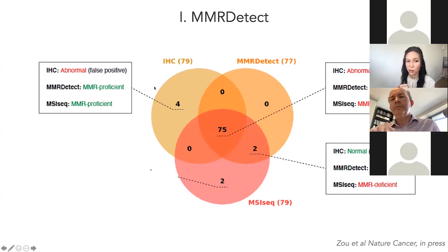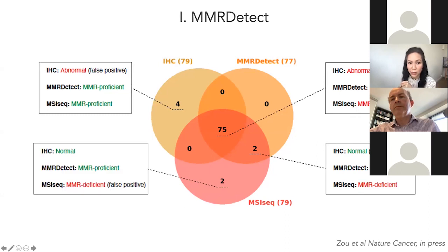So we think this is a false negative of IHC. And then in this case, we had 2 cases that were uniquely called by this other classifier, MSI-Seq. But in fact, they were not mismatch repair deficient tumors. They were actually polymerase epsilon mutant cases. They also tend to have a high indel phenotype, which is why these are false positives. So that's just to give you that first comparison.